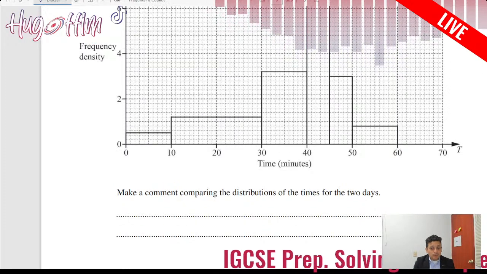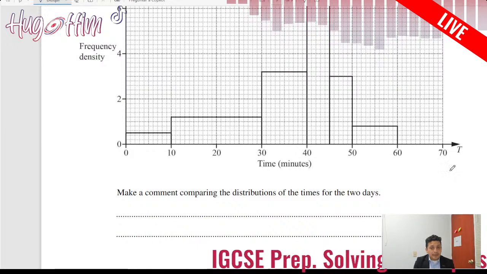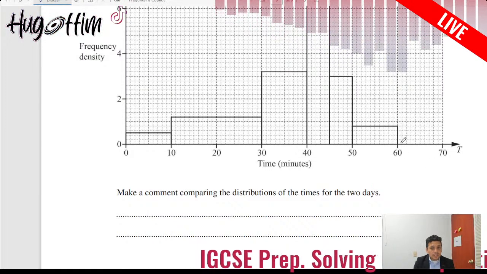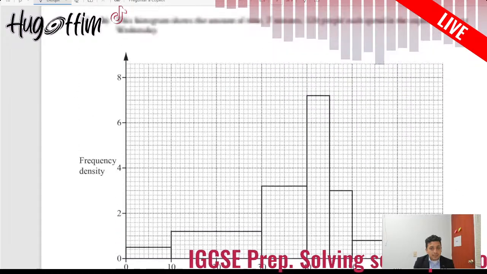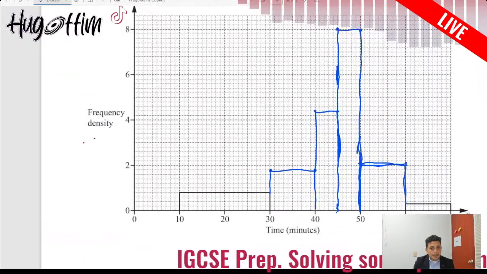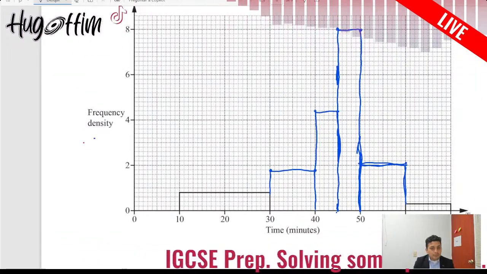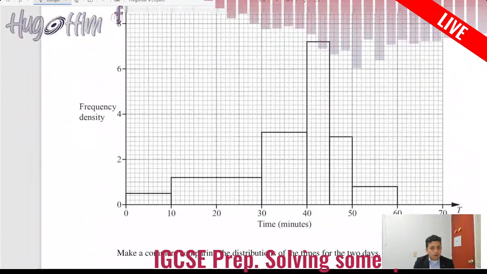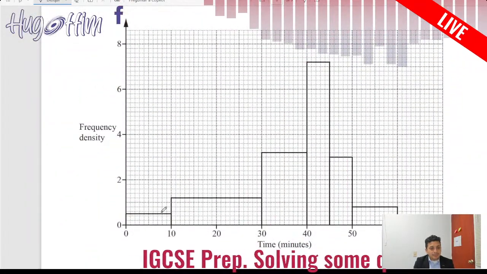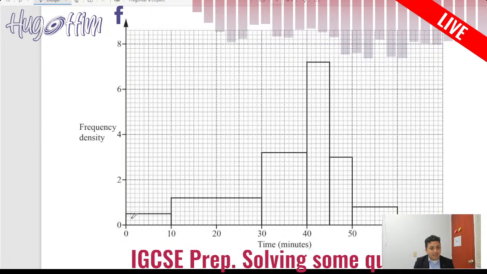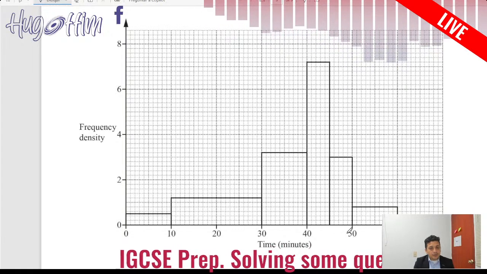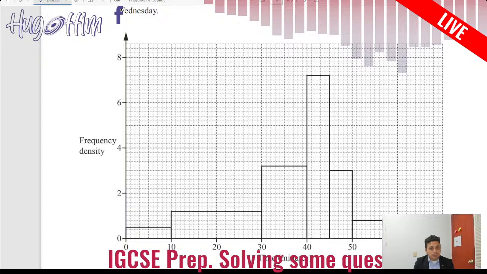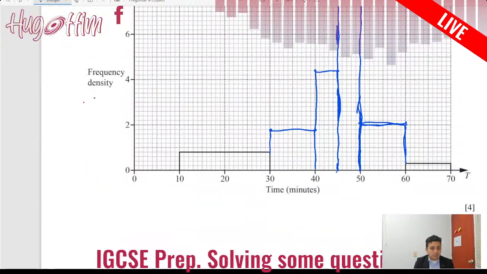For example, on Wednesday, nobody spends more than 60 minutes in the supermarket compared to Saturday. Or they take less time. There are people who take less time being here in the supermarket, from 0 to 10 minutes, not here.